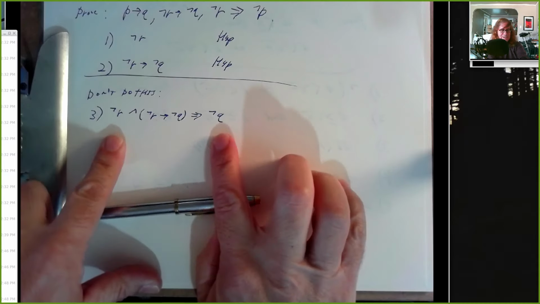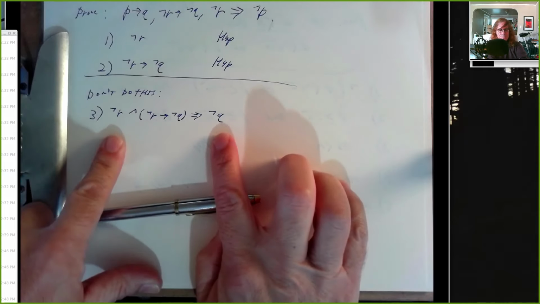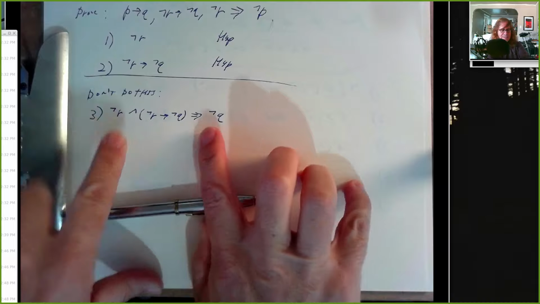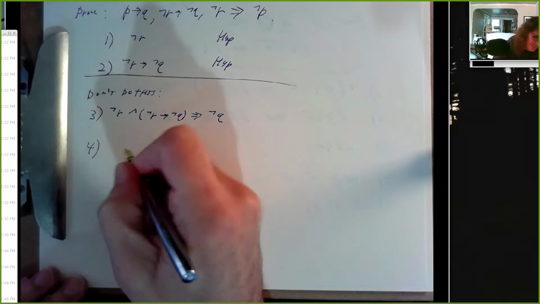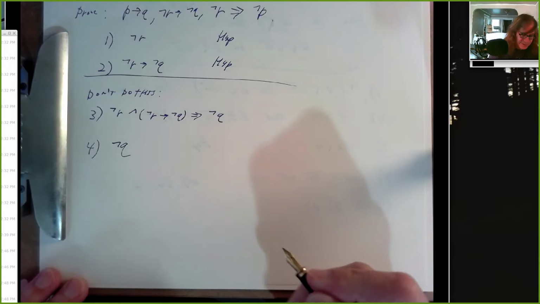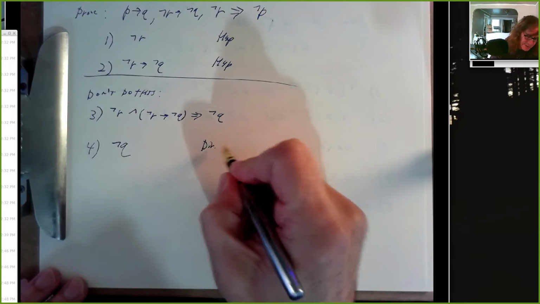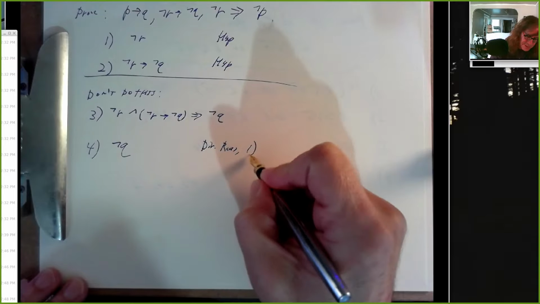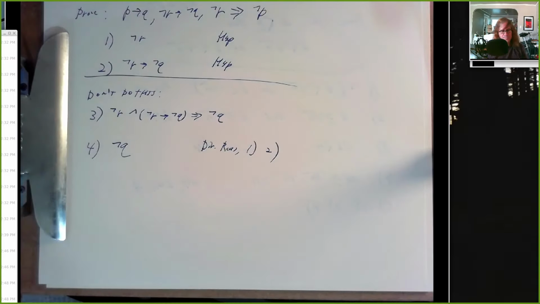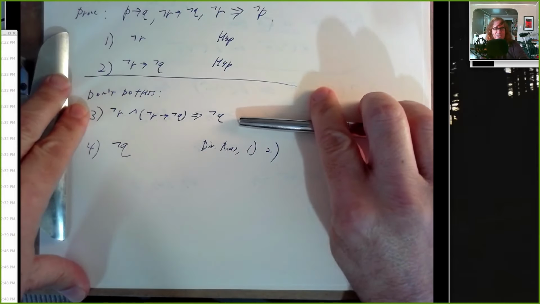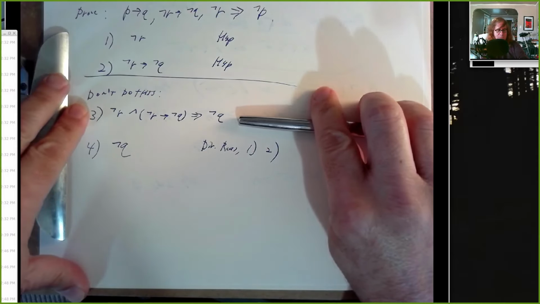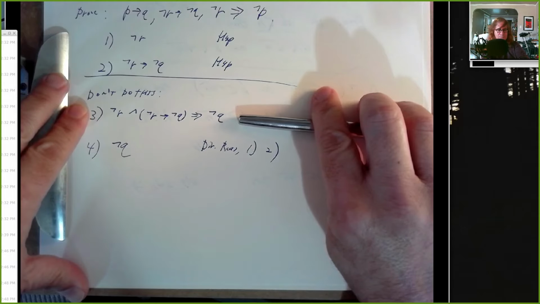This is entirely different from writing not Q. I can use this, and I can combine it with steps 1 and 2, and I can say not Q. And the reason for that is direct reasoning using steps 1 and 2. But all I'm doing here is writing down a theorem from page 59 of my textbook, something called direct reasoning.